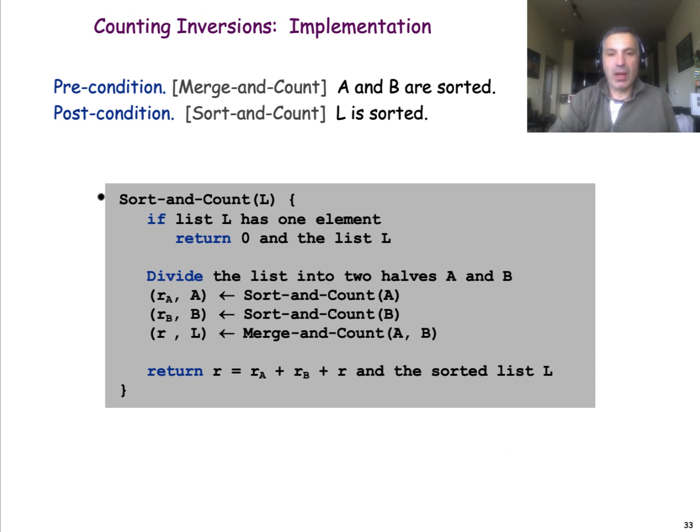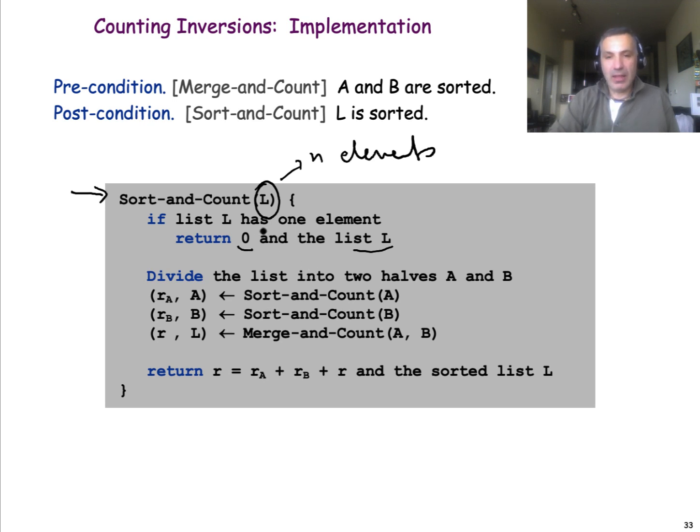So now we are ready to look at the complete algorithm. Let's call this sort and count. I give you again an array of n elements, and if we're in the case that this array has only one element, then we don't need to do anything basically. We just return that same array and we say that there were 0 inversions.